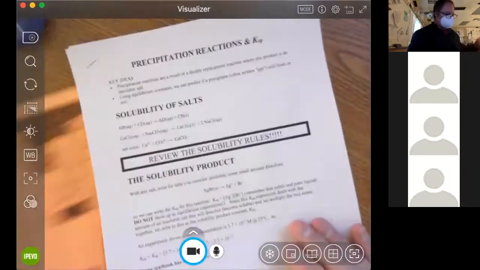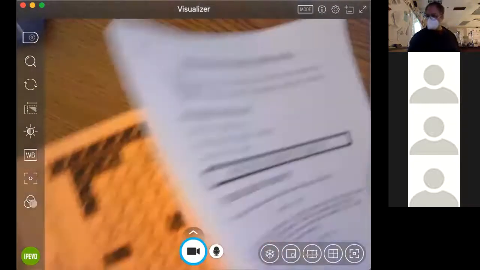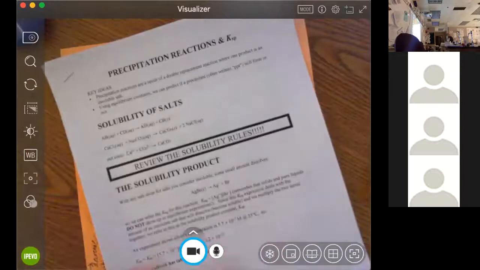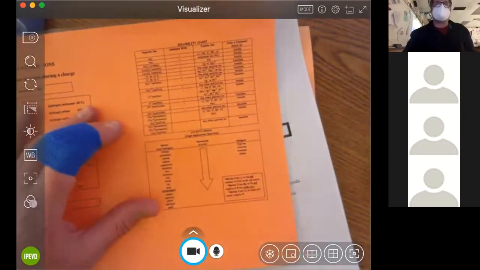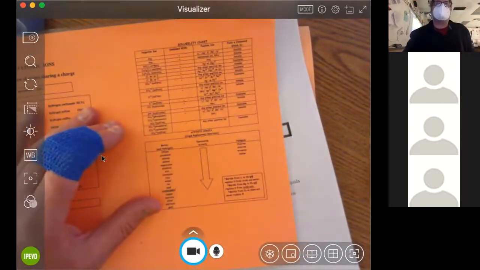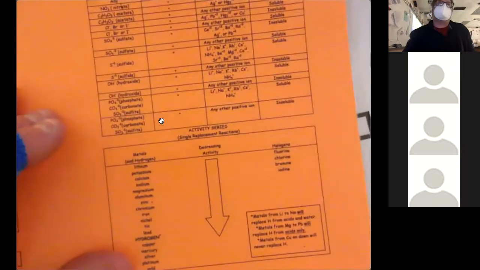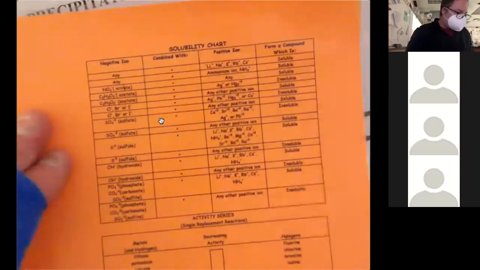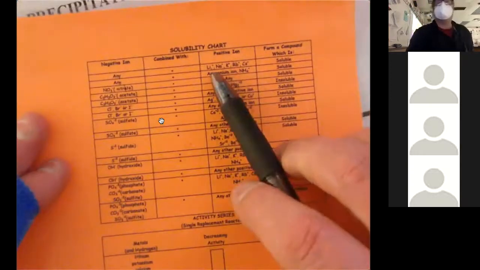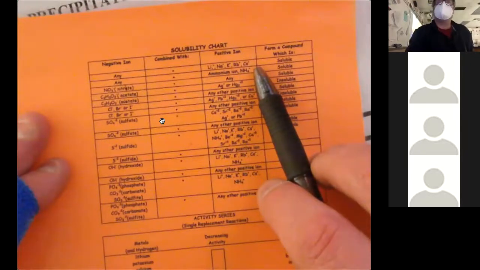So if you recall, grab this other periodic table real quick. You have these solubility rules. The key ones that they will use for you are usually they'll give you alkali metal.